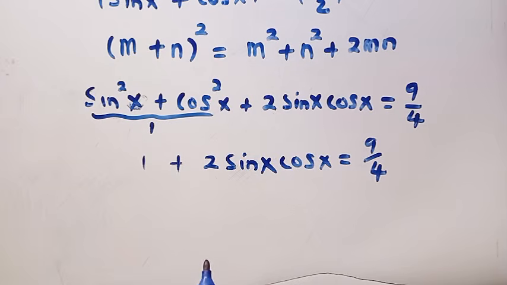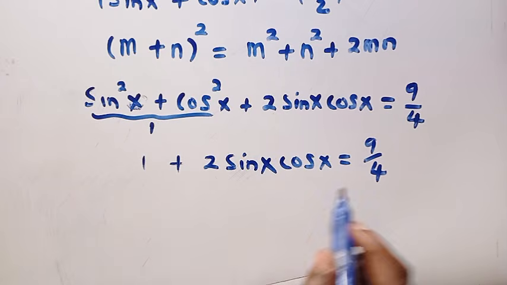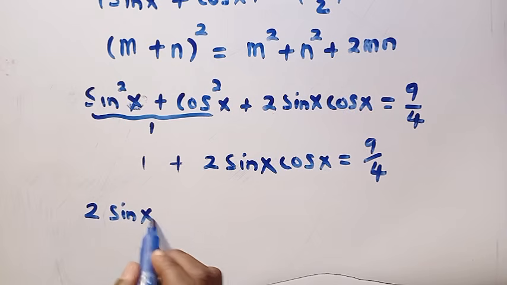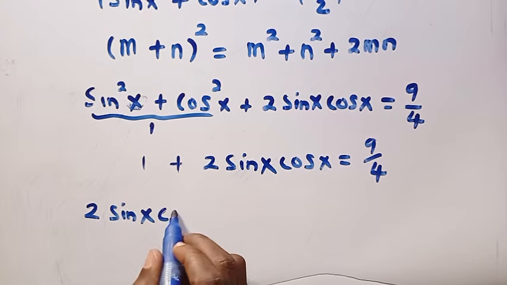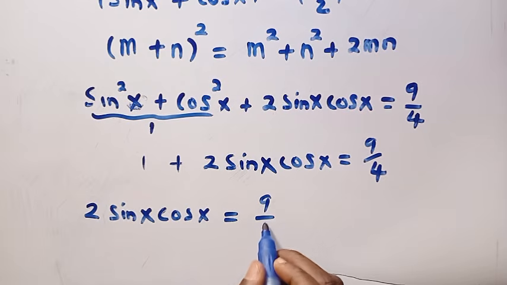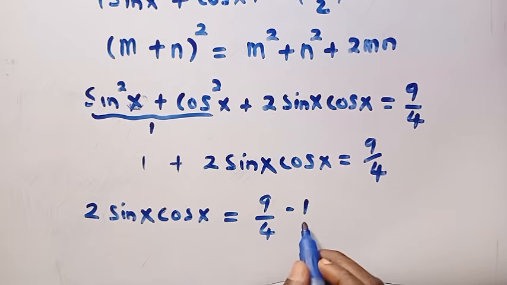And moving on, if I take this 1 to the other side, we have 2 sine x cos x equals 9 over 4 minus 1.